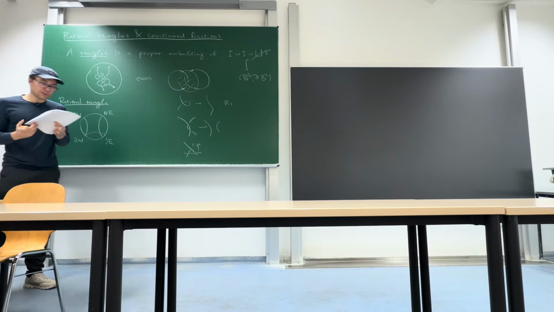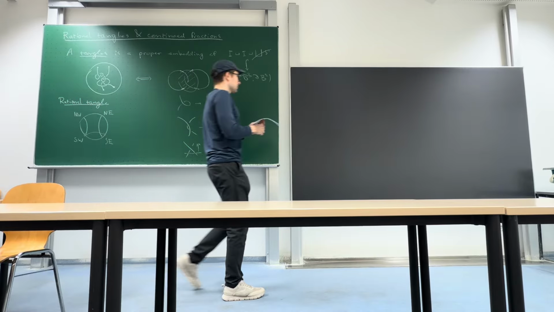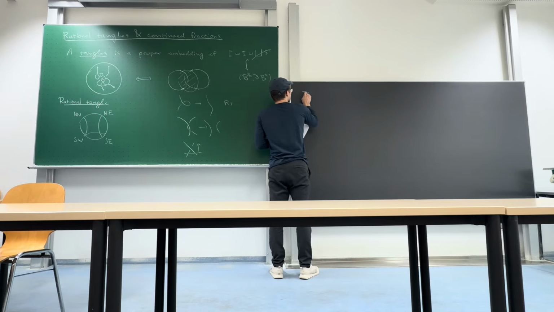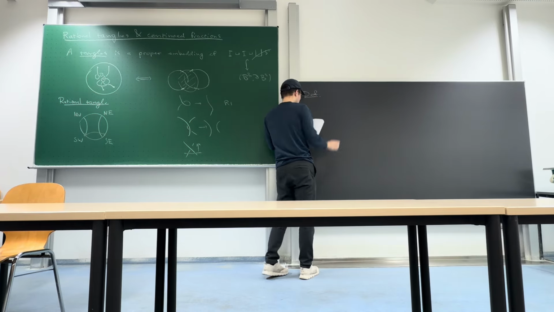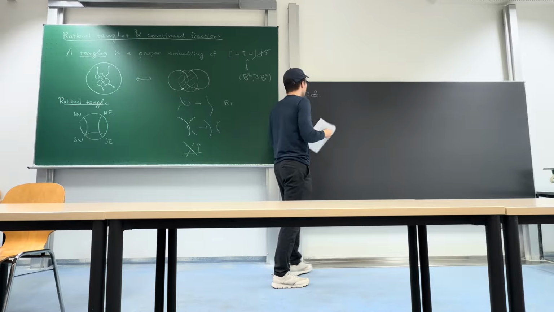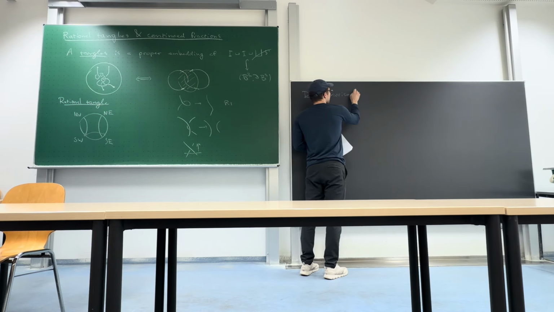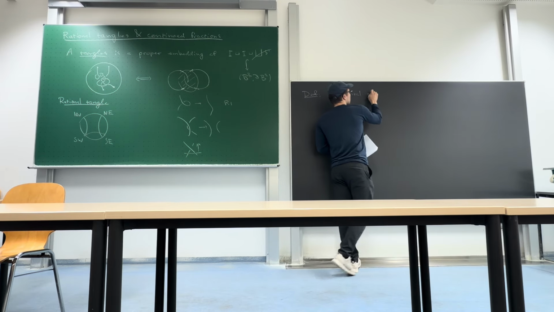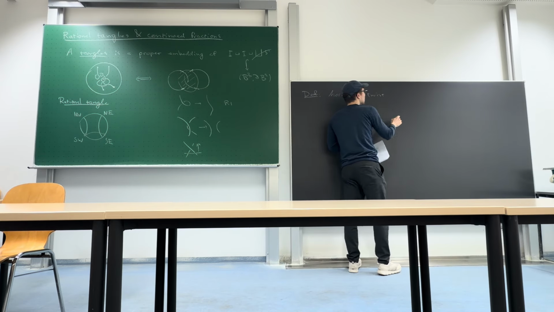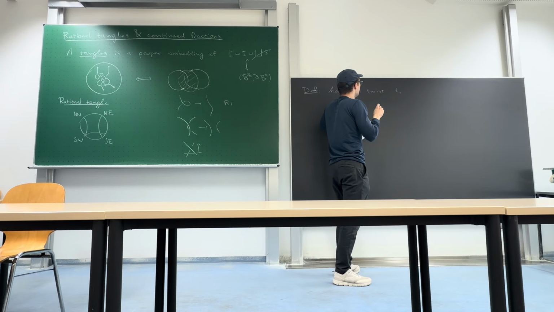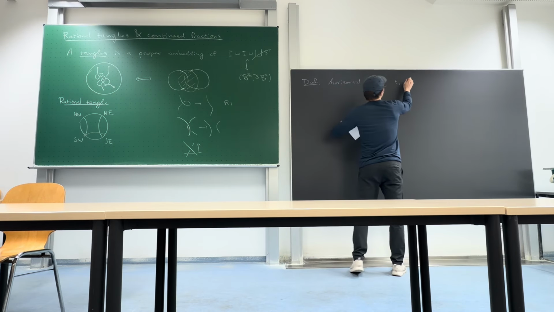So first of all, I'll define some twists. Definition: we define a horizontal twist. First I'm just going to define T1. This is obtained as follows.